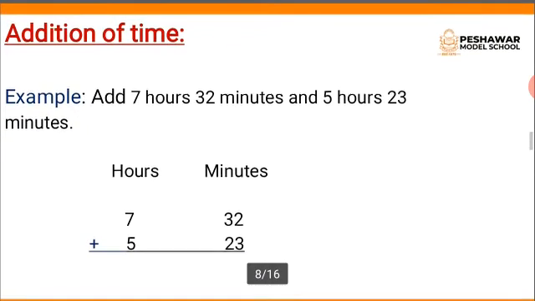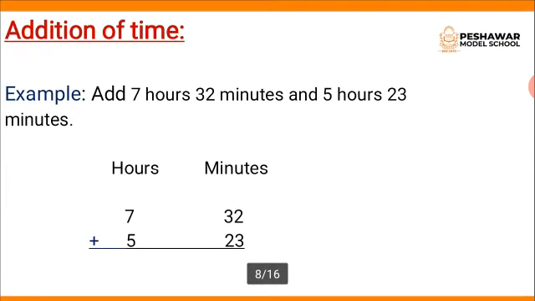Next one is addition of time. How to add time? Let's take an example to understand how to add time. Add 7 hours 32 minutes and 5 hours 23 minutes. So, we will add.